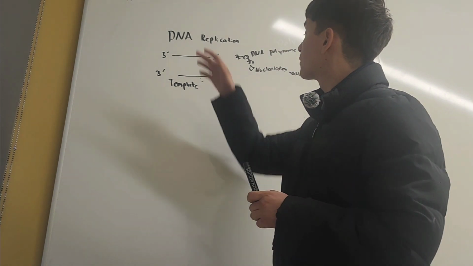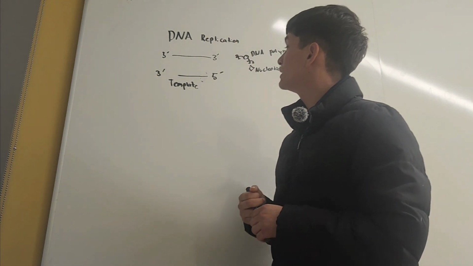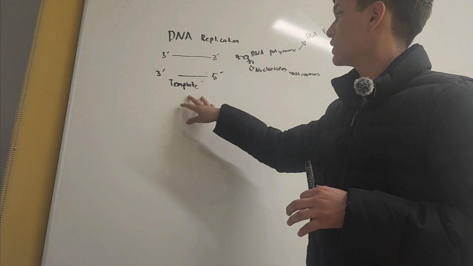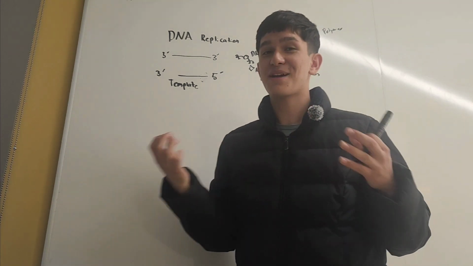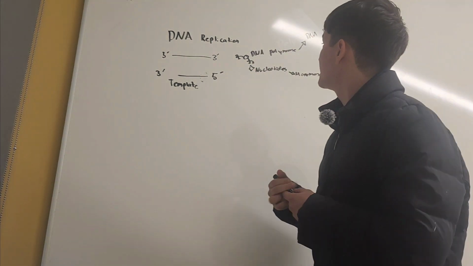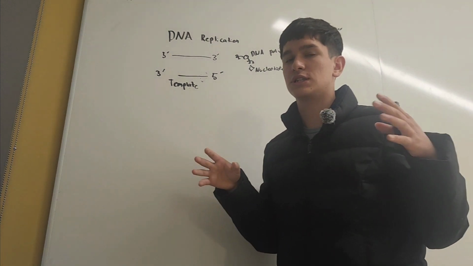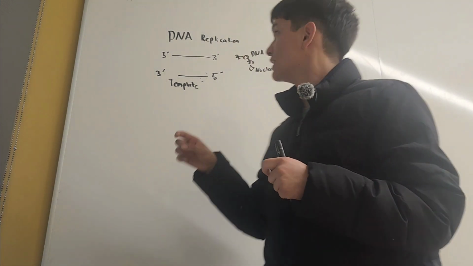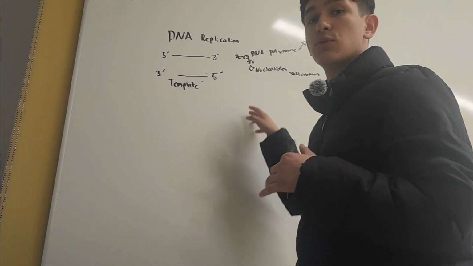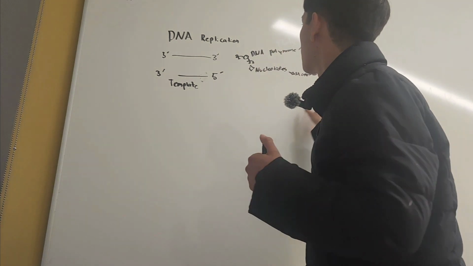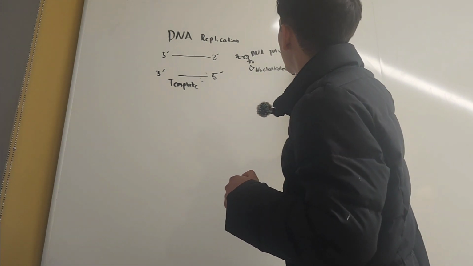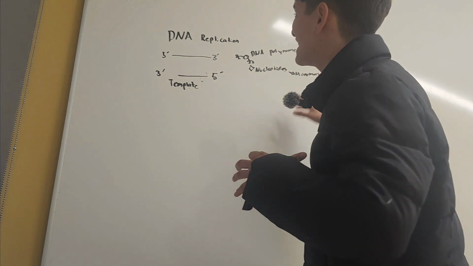Let's look at DNA replication. During DNA replication, the template strand is going to be the template for the new DNA. And DNA polymerase, we're not going to go too much in depth, we're oversimplifying everything, is going to grab new nucleotides. We already specified that nucleotides were monomers, and DNA is a polymer.